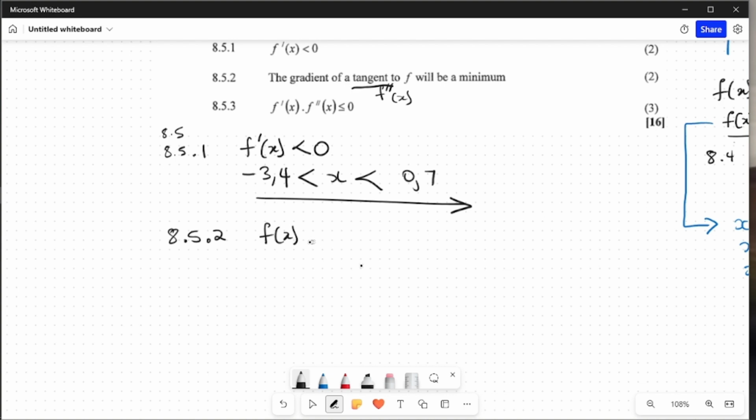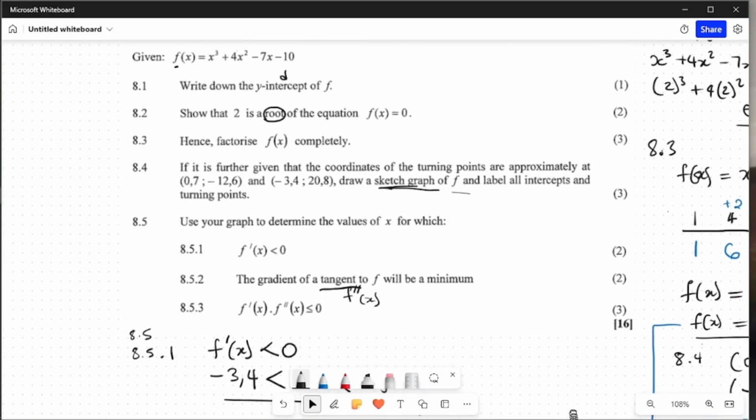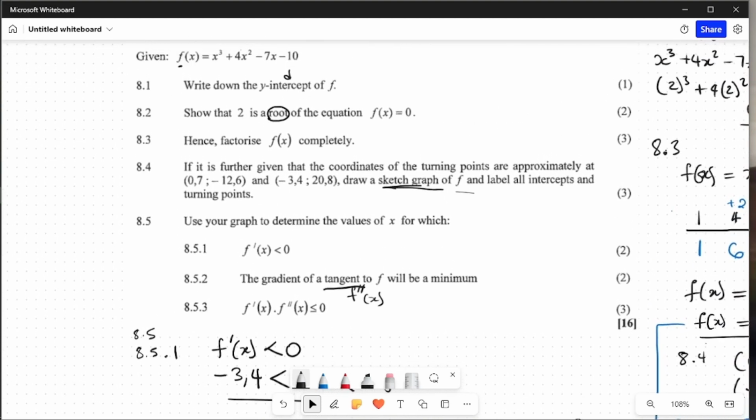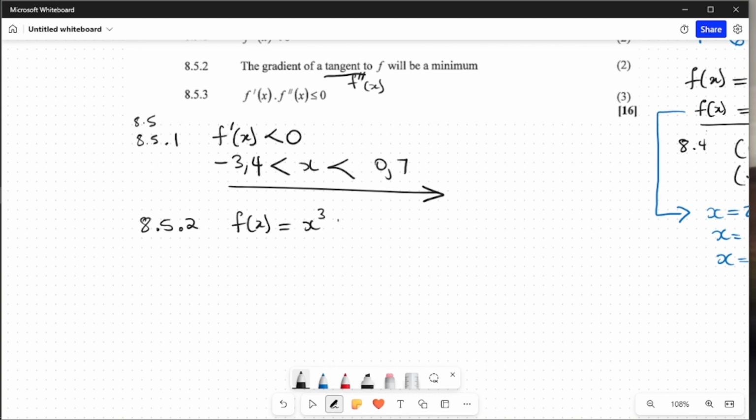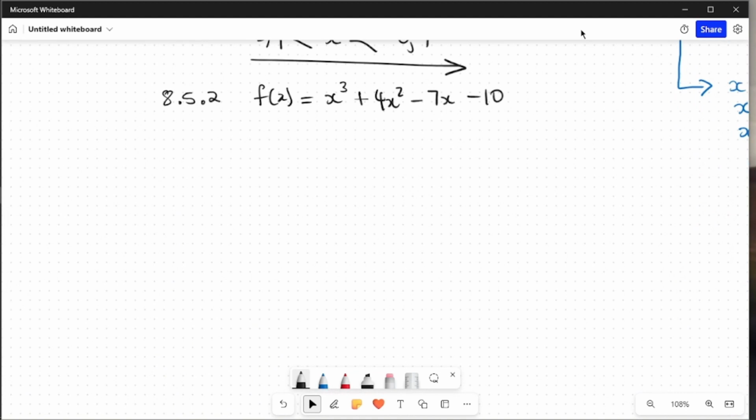This was our f of x, x cubed plus 4x squared minus 7x minus 10, just to confirm we got it right. Yes. So we look for the second derivative.